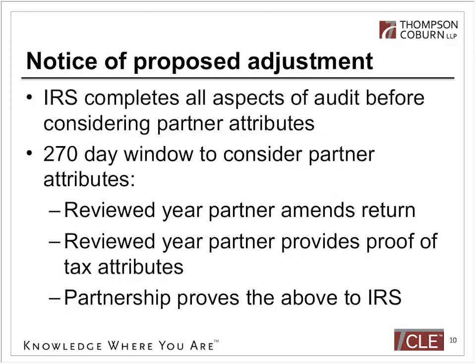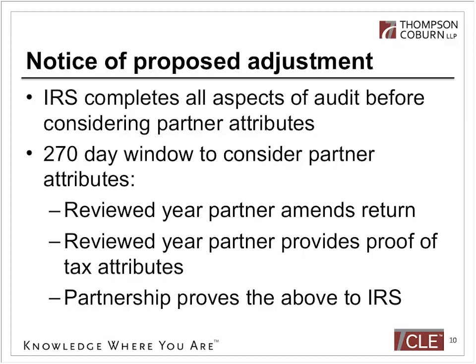One way is that the reviewed year partner can amend that person's return. They do that amendment, and then those items get taken out of the partnership responsibility. So the partnership has responsibility for 100% of the items. Suppose that a 10% partner amends his return and takes into account all those items. Now those 10% of the items are taken into account by that partner, and so now the partnership just has to take into account 90% of the items.